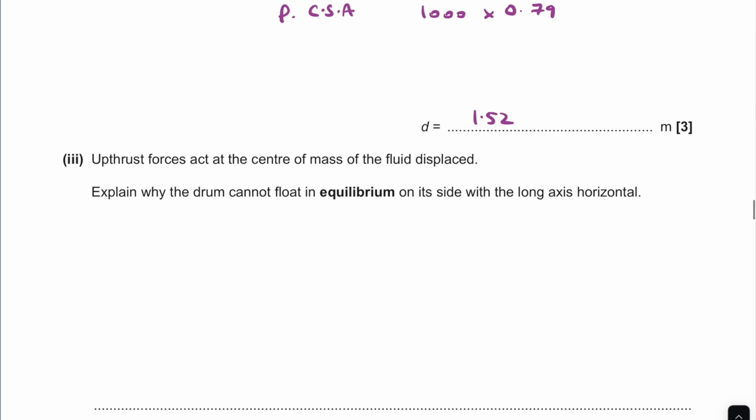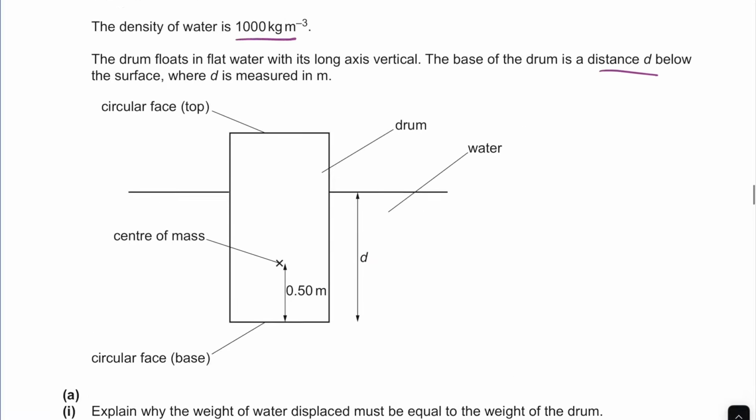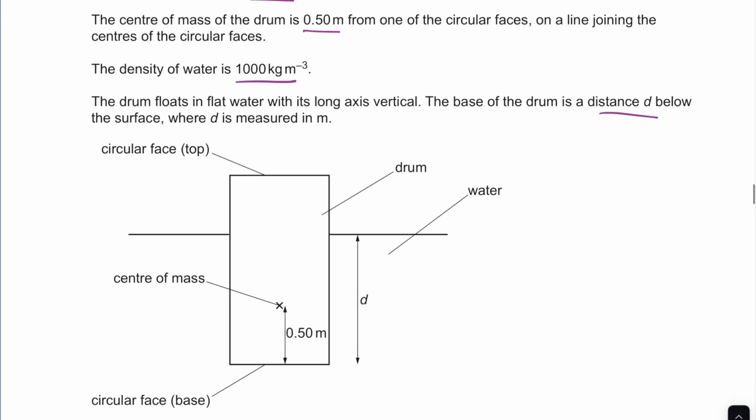For the next part, it says upthrust forces act at the center of mass of the fluid displaced. Explain why the drum cannot float in equilibrium on its side with the long axis horizontal. So here, instead of this position, now if we look at this position, bear in mind that the center of mass is, let's say, 0.5 meters over here.